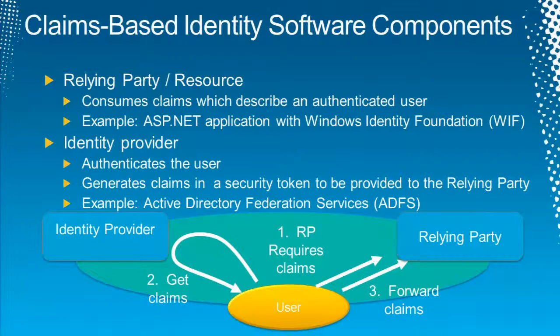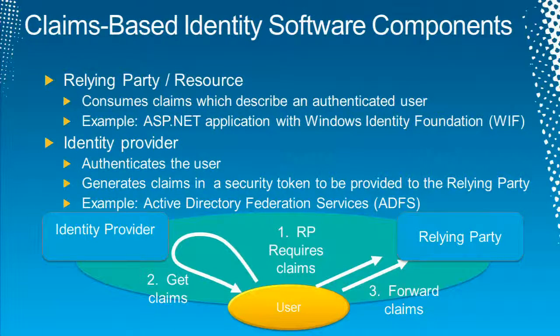So now let's say a user contacts that application. The user goes to the relying party application with their web browser, and the relying party says, okay, I don't know who you are. You're just a random HTTP client. I need you to have some claims. The relying party will redirect the user back to our identity provider, where the identity provider will go and authenticate the user.